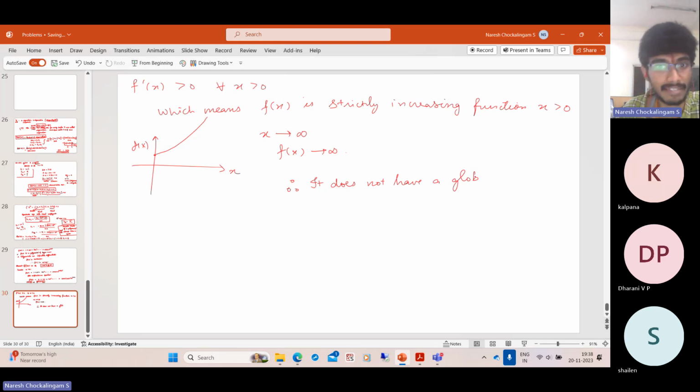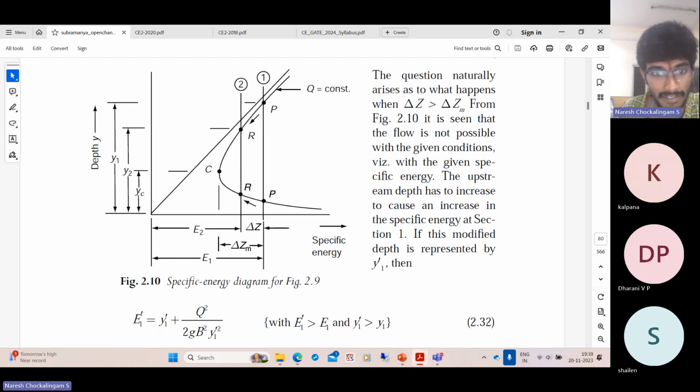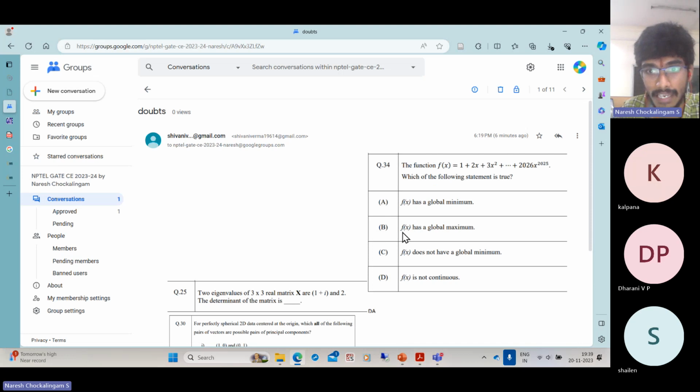Infinity is not considered a maximum. Sorry, option B says f of x has a global maximum; that option is wrong. F of x cannot have a global maximum.